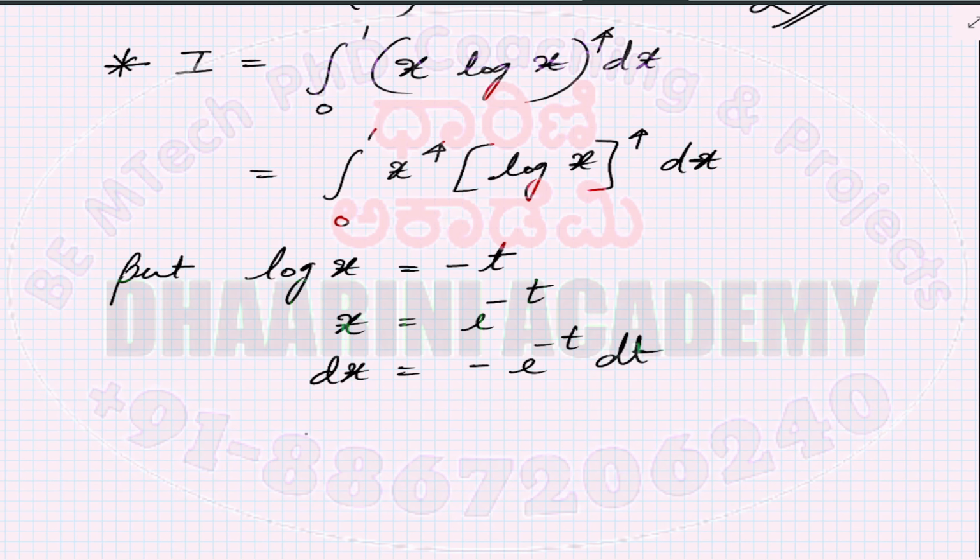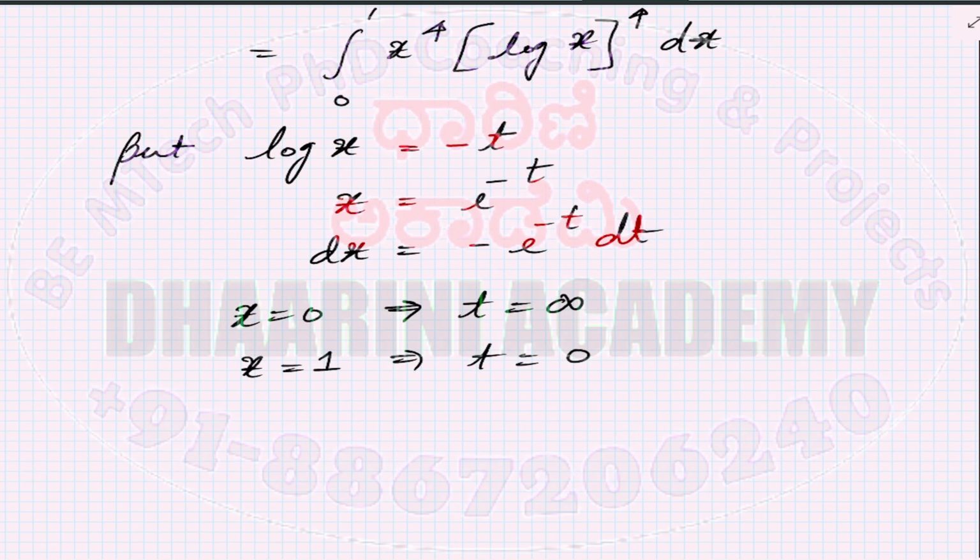And very similar limits: when x equals 0, t becomes infinity, the same explanation as the previous problem, so I'm simply writing the limits. X equal to 1 implies t becomes equal to 0.